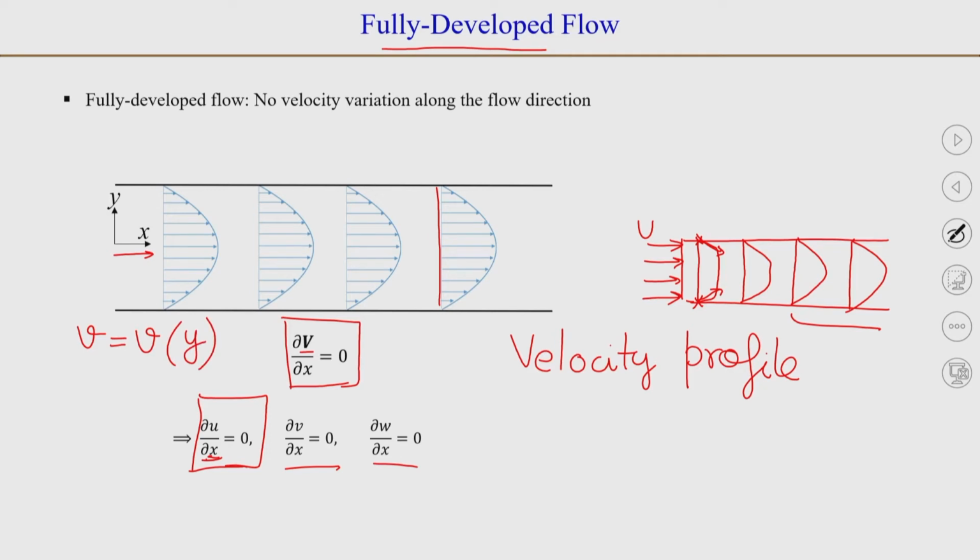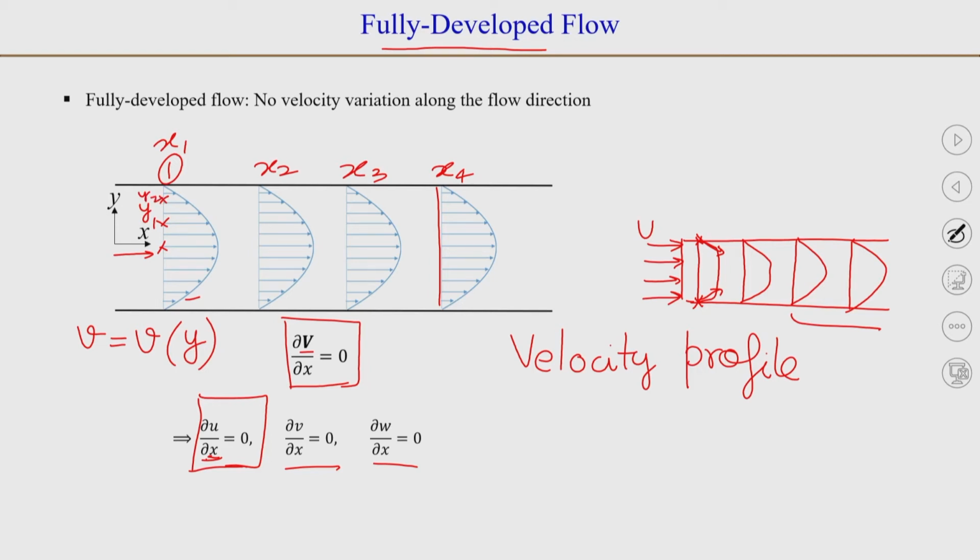As you can see here, the flow is fully developed. So, the velocity profile, if you take location x1, x2, x3 or x4, on all the locations the velocity profile is the same, but if you look at say location y1 or y2, the velocity is varying.